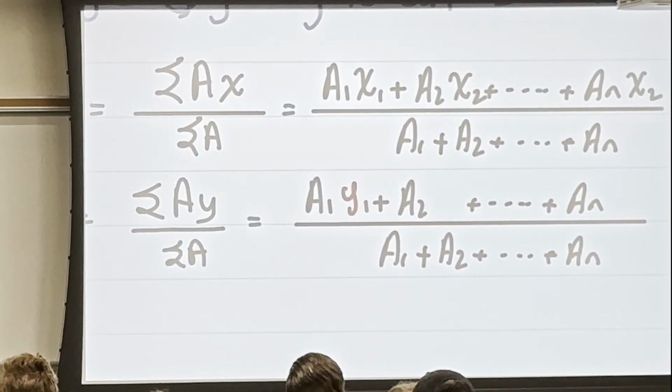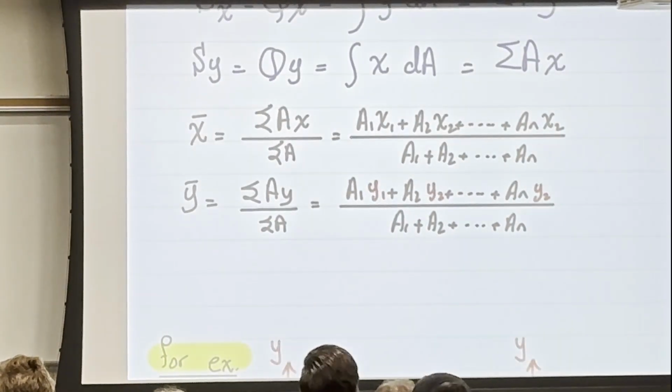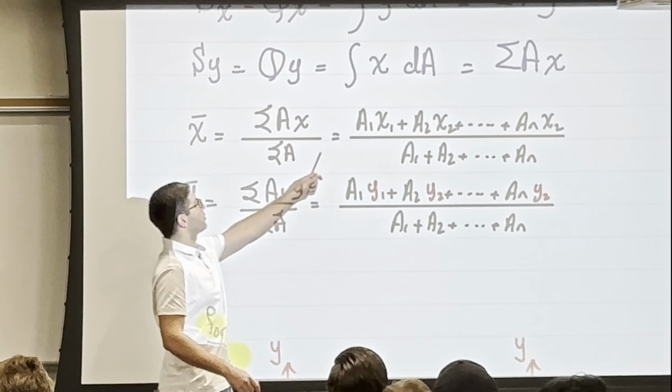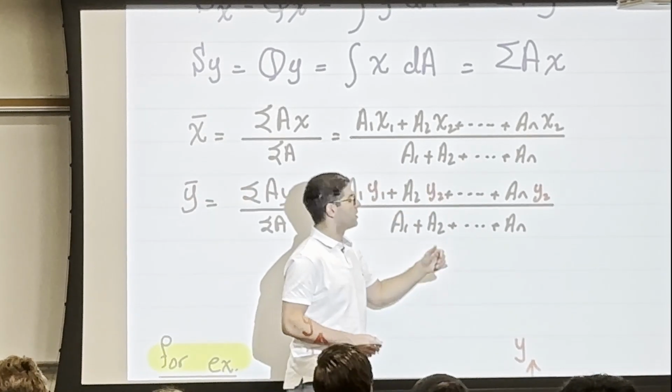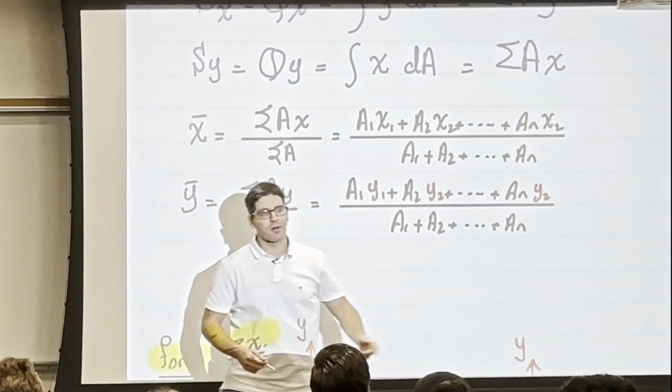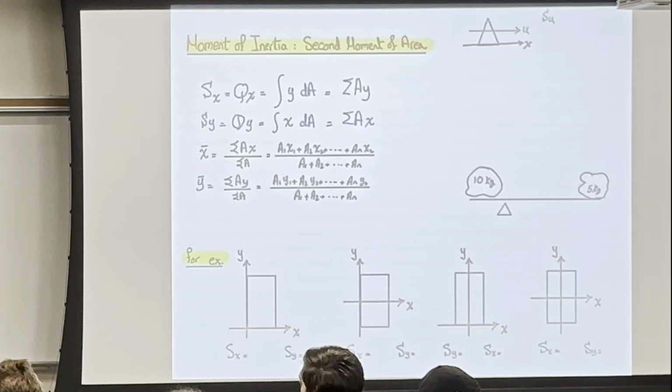If you're confident with your calculator, I can teach you this in Casio, but probably your calculator can do that as well. You can define the second term here, and then with one click write these numbers, and with another click write the y numbers. So it's not that hard.